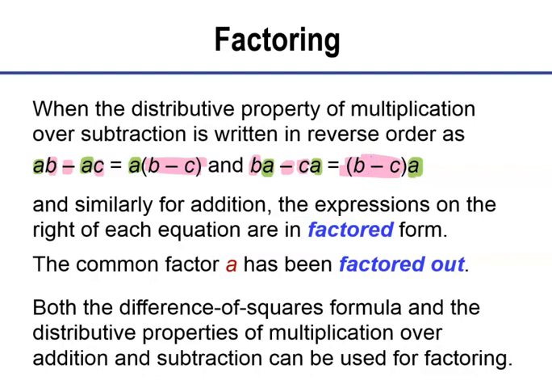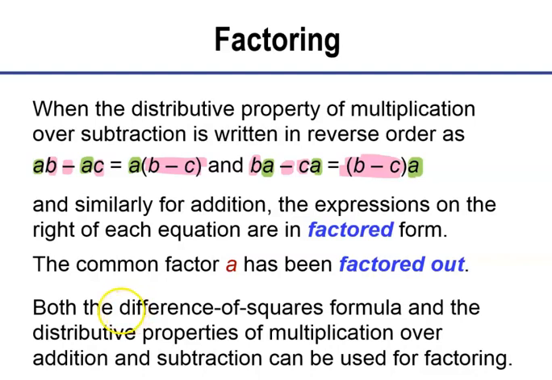You often see it called factor the greatest common factor. And similarly for addition, the expressions on the right of each equation are in factored form. The common factor A has been factored out. Both the difference of squares formula and the distributive properties of multiplication over addition and subtraction can be used for factoring.